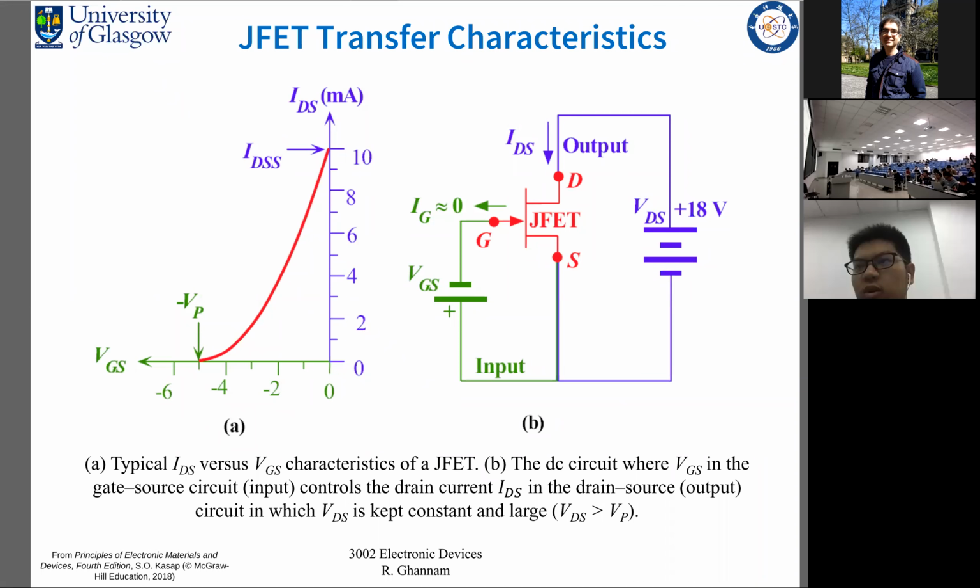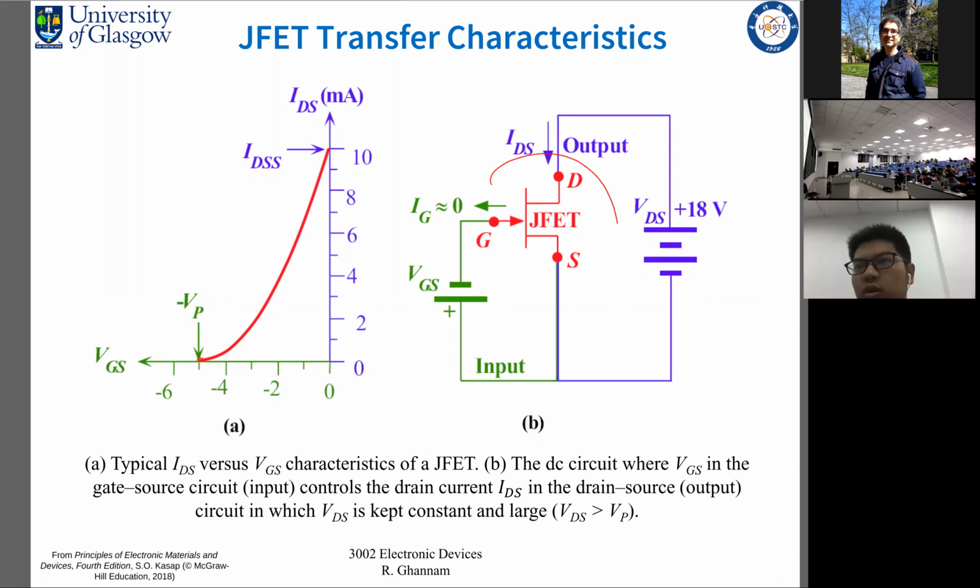We will look at the typical quadratic formula that is used to describe this behavior. Gradually increasing VGS results in a gradual decrease in IDS until we reach the pinch-off point, where there is no further current between the drain and the source.